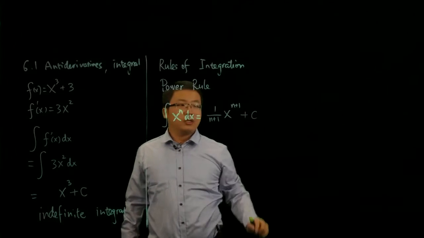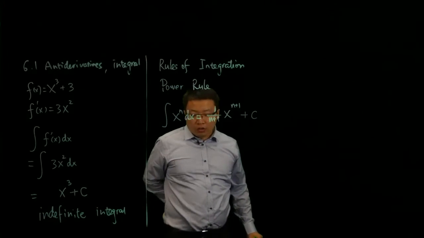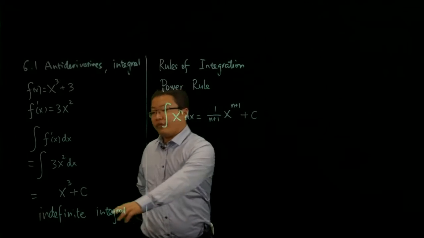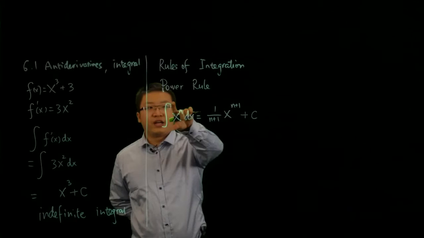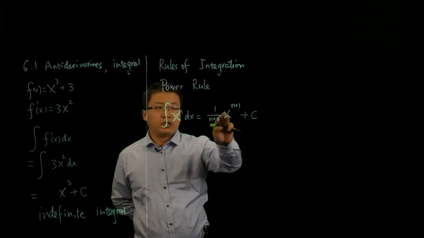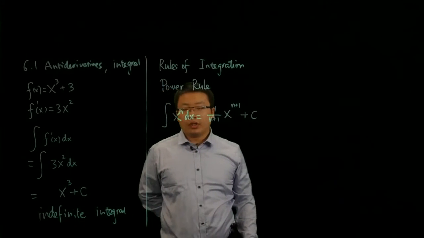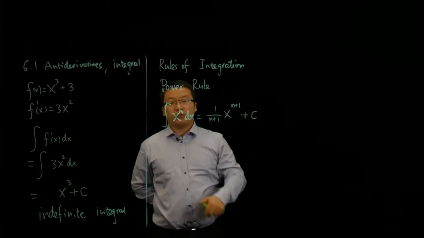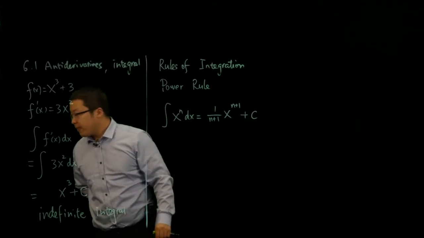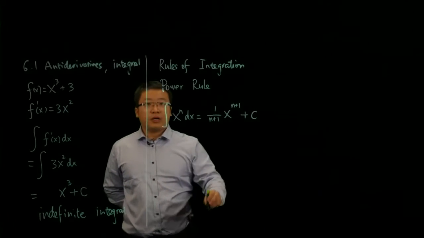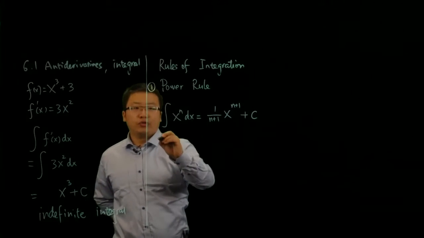However, you're going to have a plus C. For all of these indefinite integrals, you don't have the boundary, you're not trying to evaluate, you just integrate a function, and you want to have a plus C, because when you go backward, this plus C's derivative is 0, and it is going to cancel out. This is called the power rule.